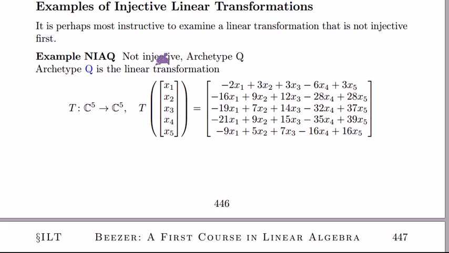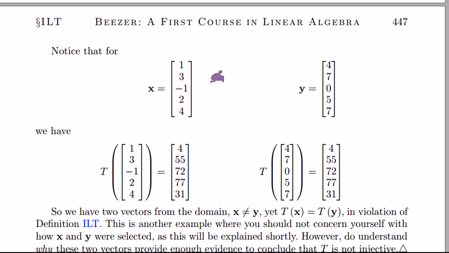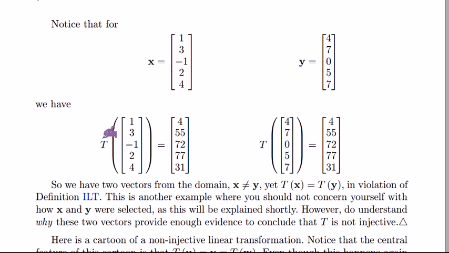All right, now let's consider some examples. Here's a linear transformation defined by its action on the vector x1 through x5. In fact, this takes vectors in C5 to vectors in C5. It turns out that if you compute T of this vector, it is equal to T of this vector.